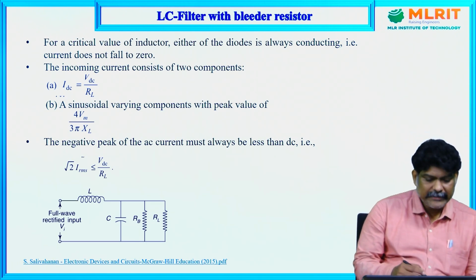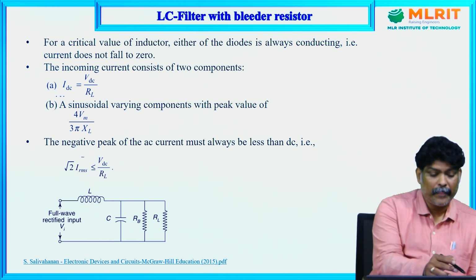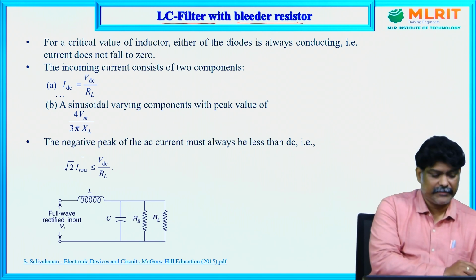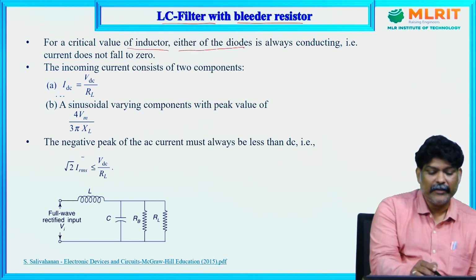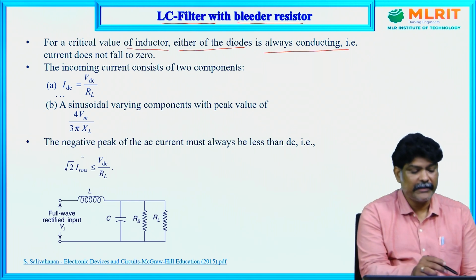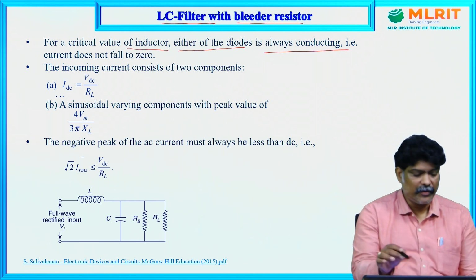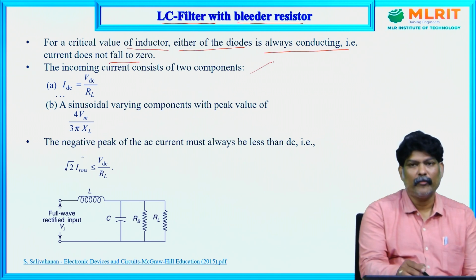So next we can analyze further this LC filter circuit with bleeder resistor. For a critical value of inductor, either diode D1 or D2 is always conducting, that is, current does not fall to zero. So the incoming current consists of two components.